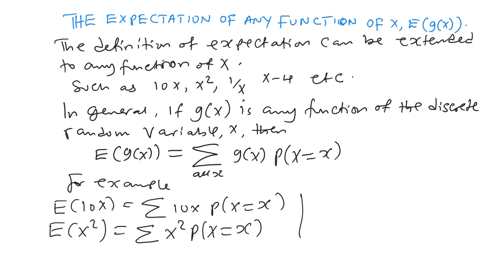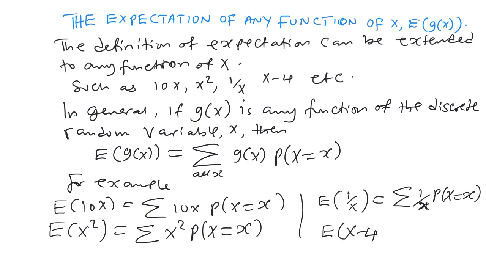You can also see that E of 1 over x equals the summation of 1 over x times the probability of capital X is equal to small x, and the E of maybe x minus 4, any function of your choice, is equal to the summation of x minus 4 into P of capital X is equal to small x. So that is it. You just get the function and multiply by the probabilities. That will be the definition for any function of x.